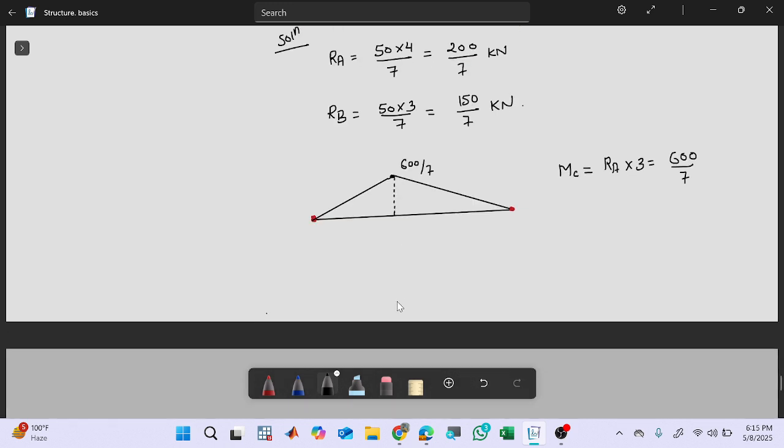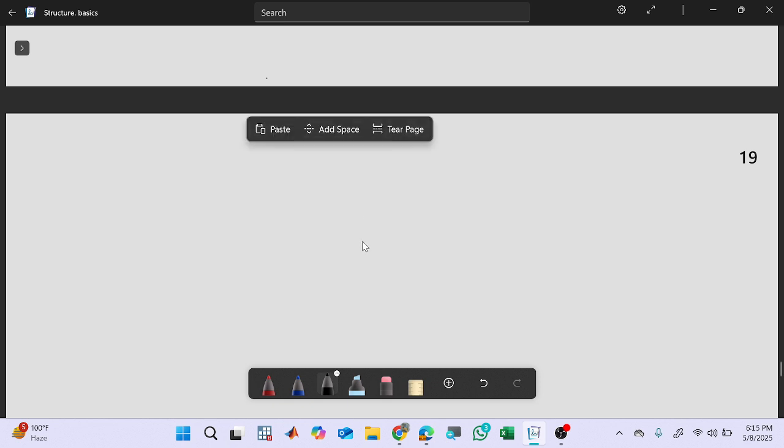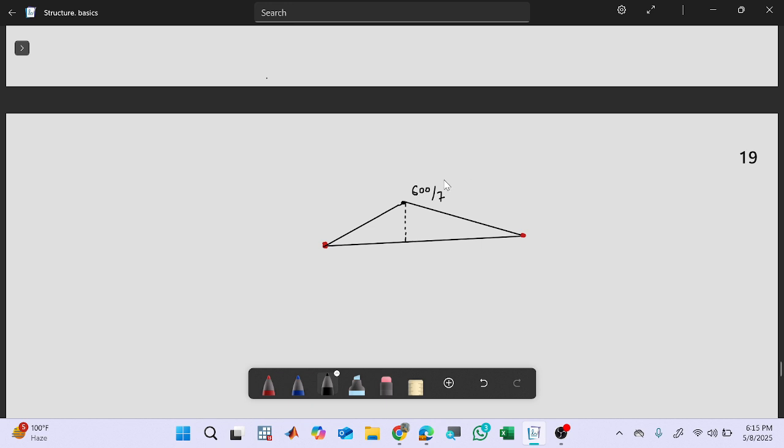Now, if I want to draw the bending moment profile, I have to divide these bending moments with the respective EI values. So here it is 2 EI and the span was 3 meter, and here it was 4 meter and it was EI only.